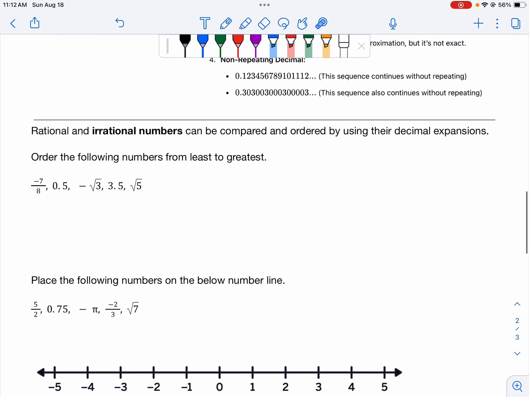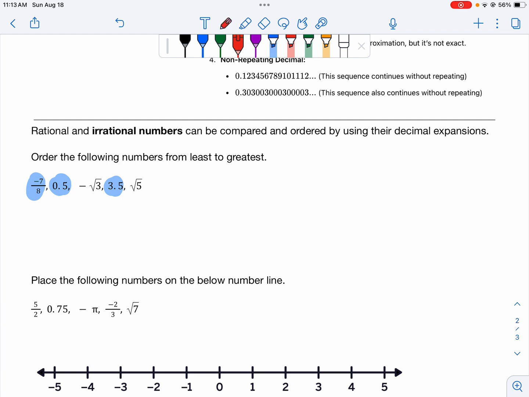And what we can do is take their decimal expansions and order them from least to greatest. Okay? So, I'm going to write down these 5 numbers we have. 1, 2, 3, 4, 5. I'm going to highlight the rational numbers. Fraction, that one is a terminating decimal, and this one's a terminating decimal.